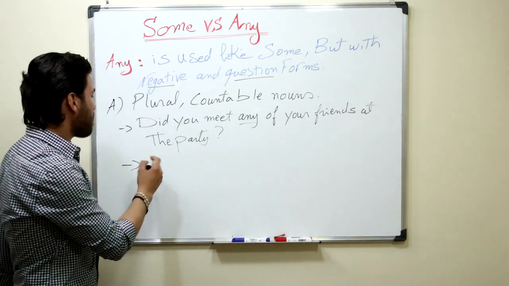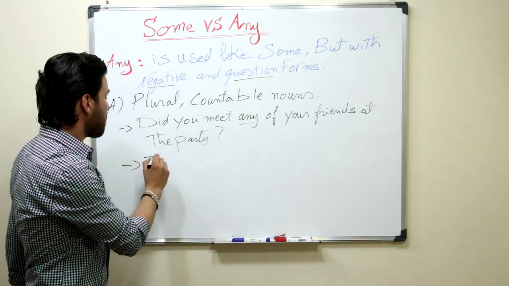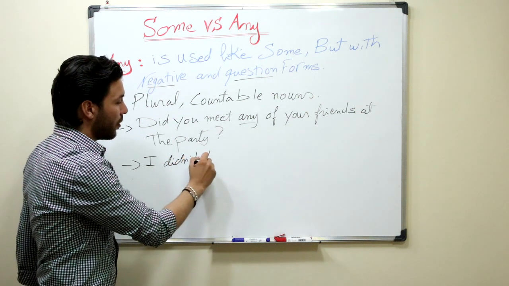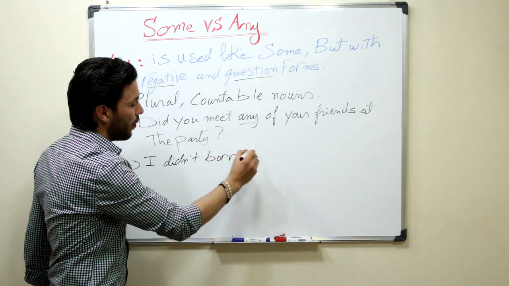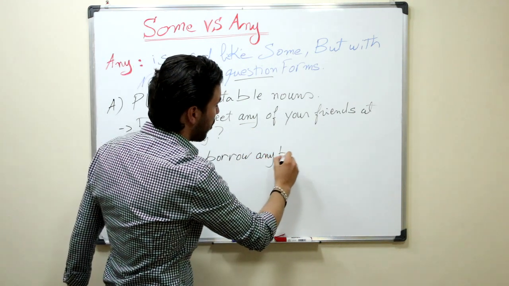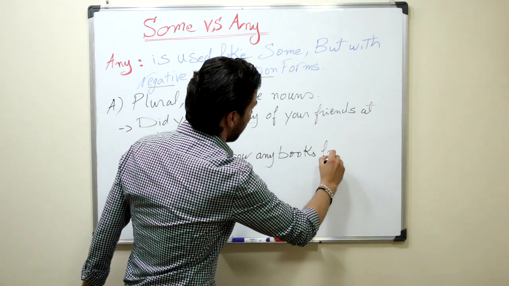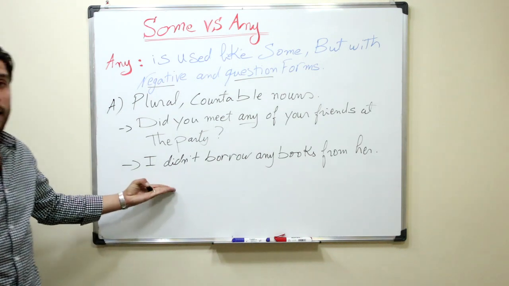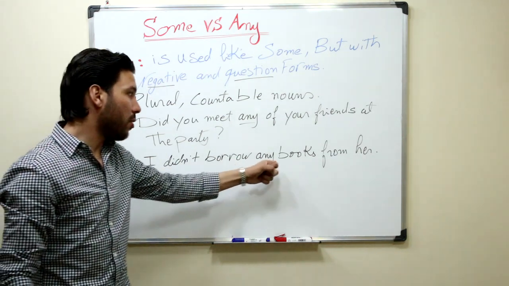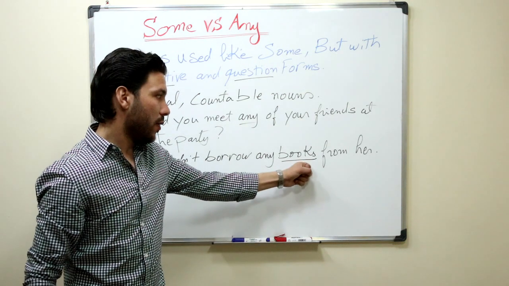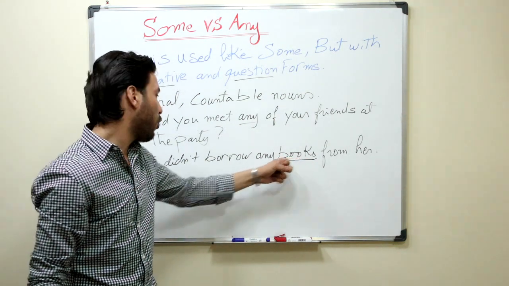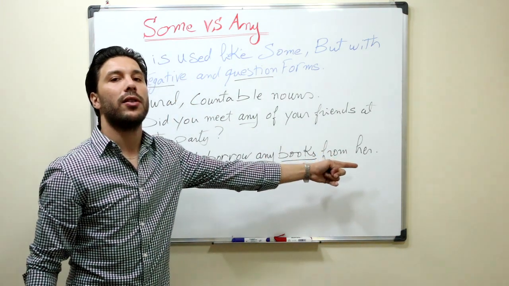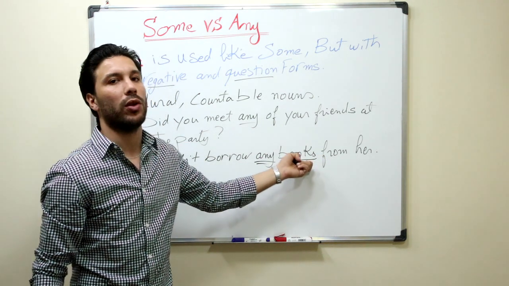For example, I didn't borrow any books from her. And also that is negative, countable nouns and with plural form. And here we have any because countable and because negative, and also here we have plural.